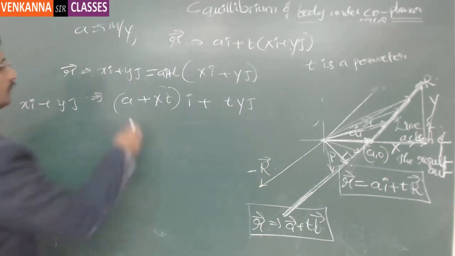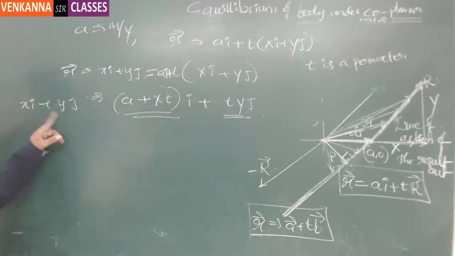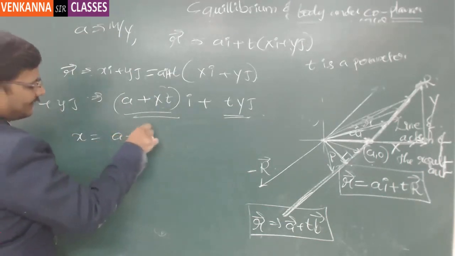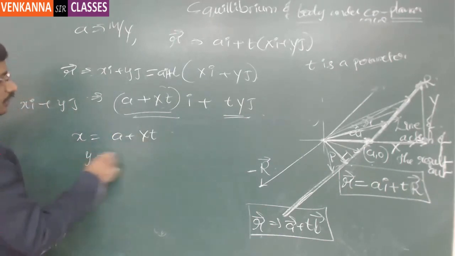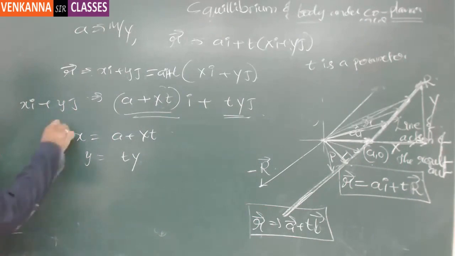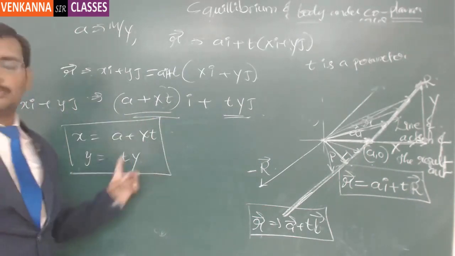So this is the horizontal component and this is the vertical component of the position vector xi plus yj. That means x is equal to a plus Xt and y is equal to tY. So this is the position on the straight line at any random location for a specified parameter t.